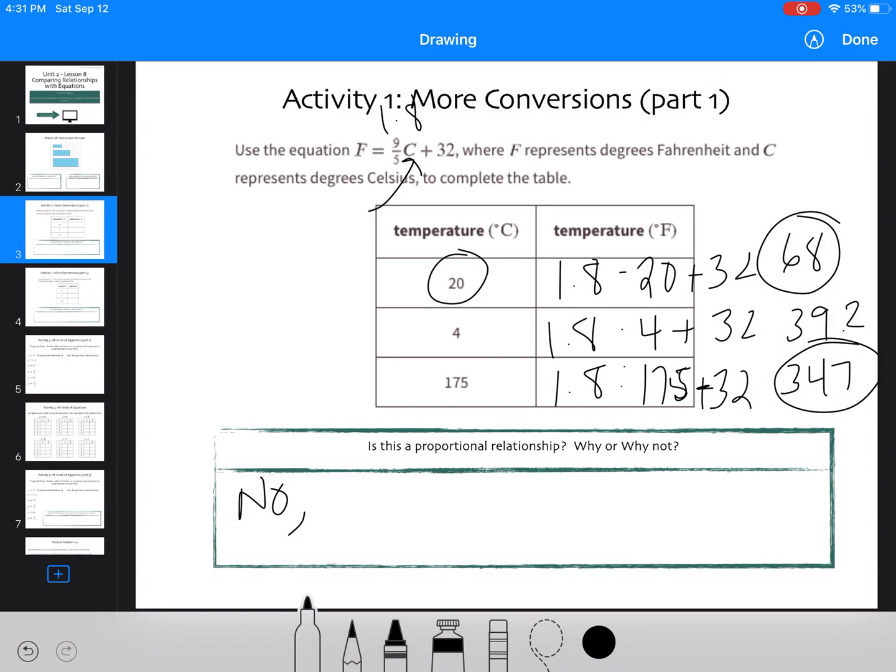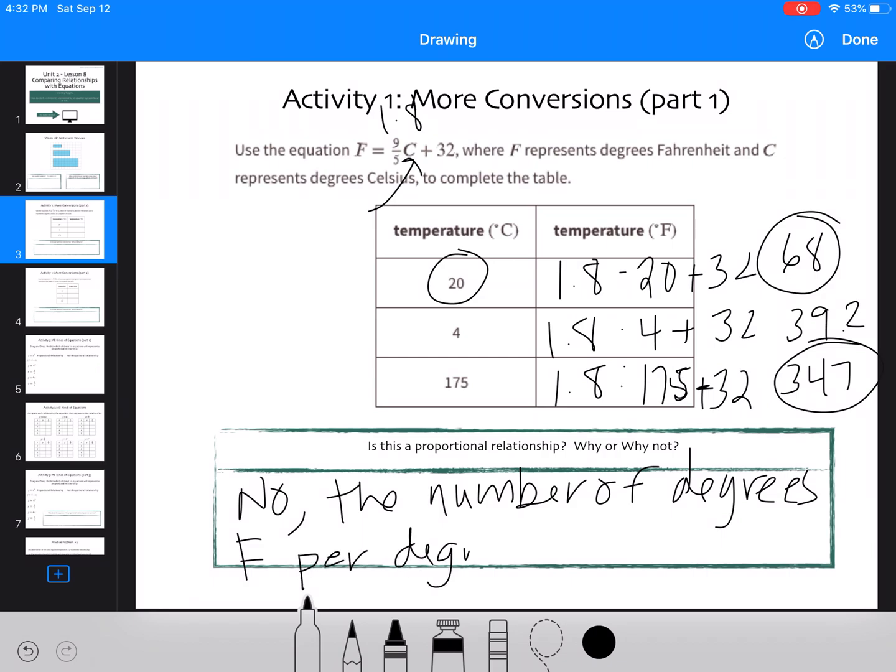So it does not determine a proportional relationship because the number of degrees per degree Celsius is not the same. As soon as I saw this plus 32, I knew it was not going to be a proportional relationship because it's not the same constant of proportionality.